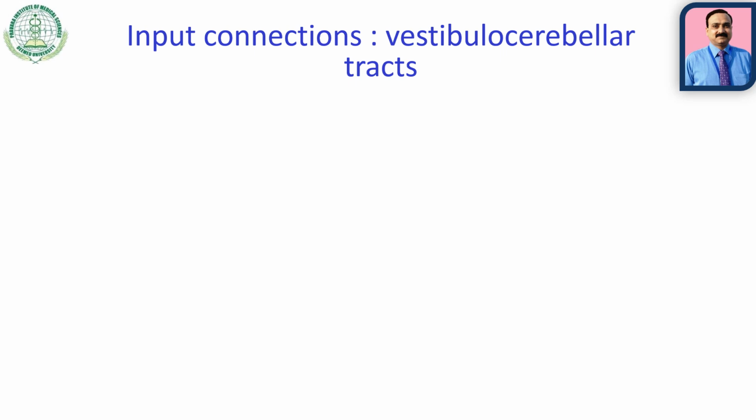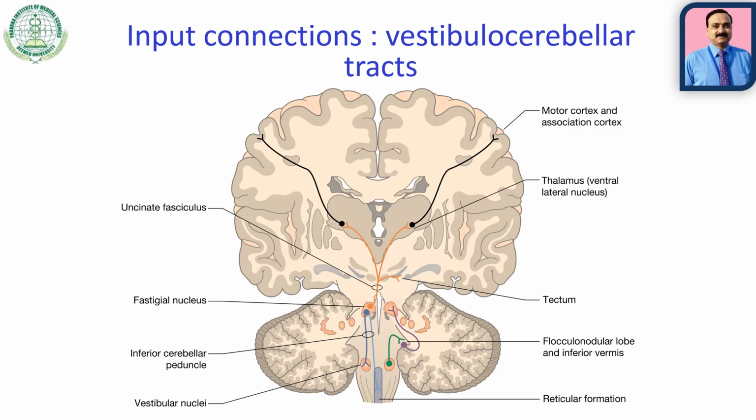Now coming to the input connections, second, vestibulocerebellar tract. The vestibulocerebellar tract, you can see the vestibular nuclei, they are present in the lateral part of the floor of the fourth ventricle.